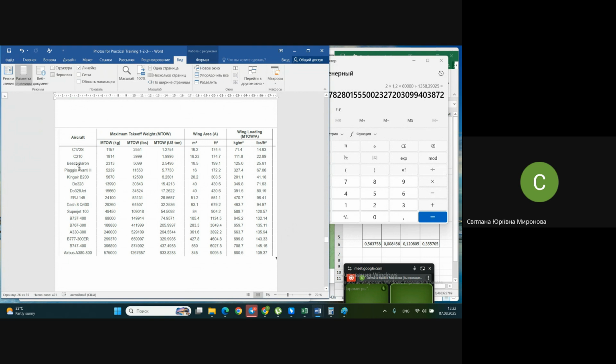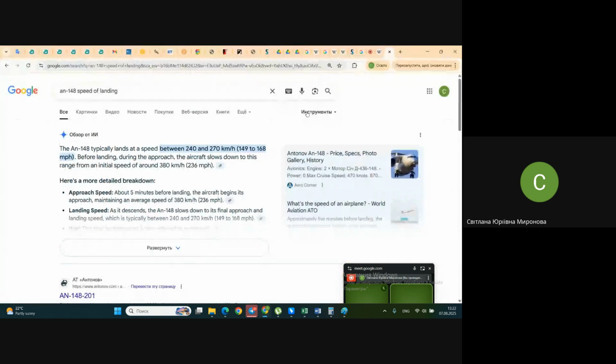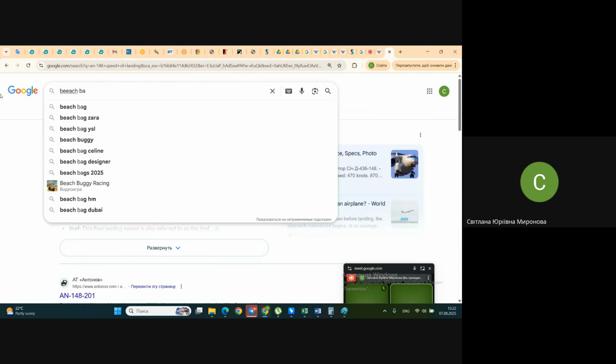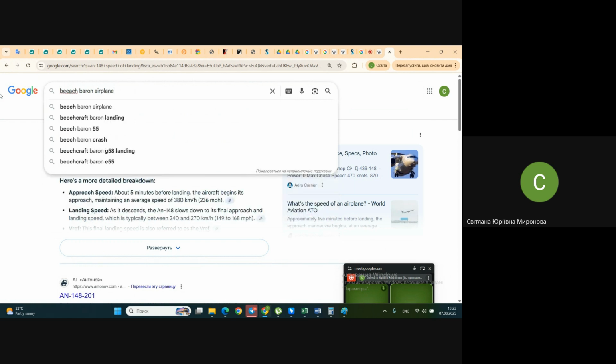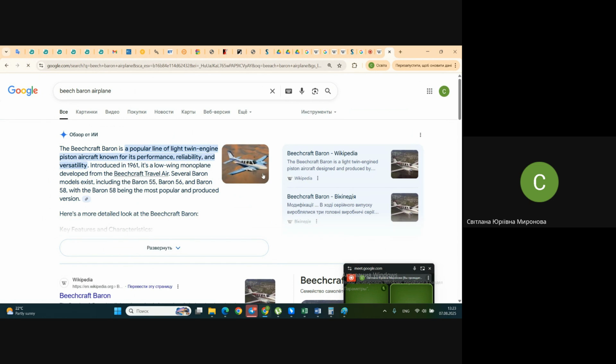Compare this Beach Baron airplane. I approximately know what it looks like. Let's see together. Beach Baron airplane, I hope I haven't made a mistake. What you see? It's a flying cab.